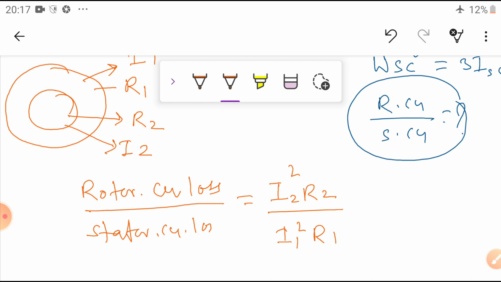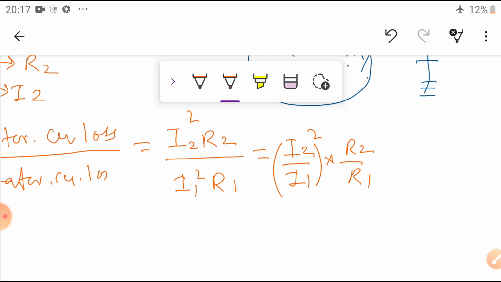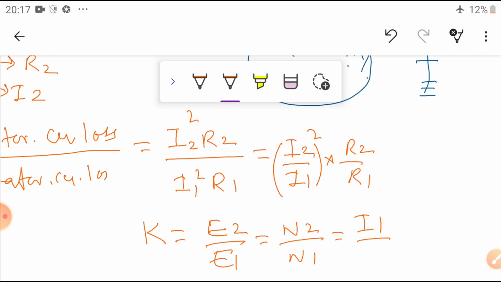Here, I can write it as (I2 by I1) whole squared into R2 by R1. Whereas I2 by I1 is related to the transformation ratio K, which is equal to E2 by E1, N2 by N1, and I1 by I2.